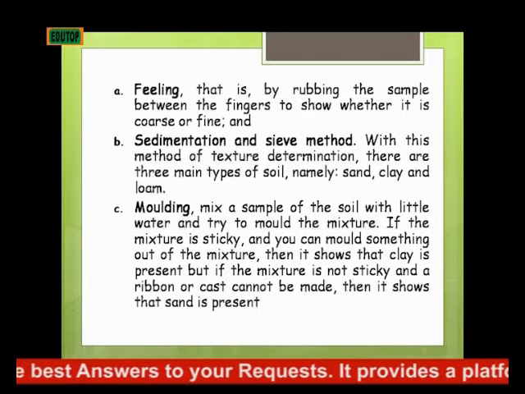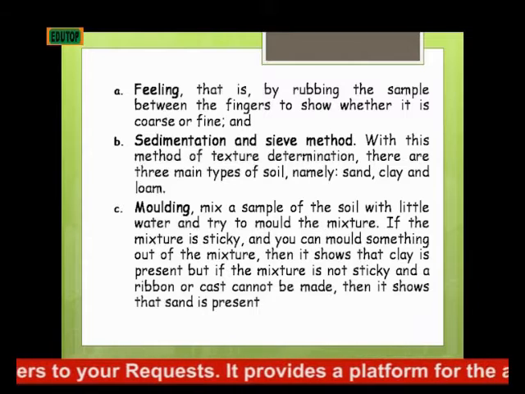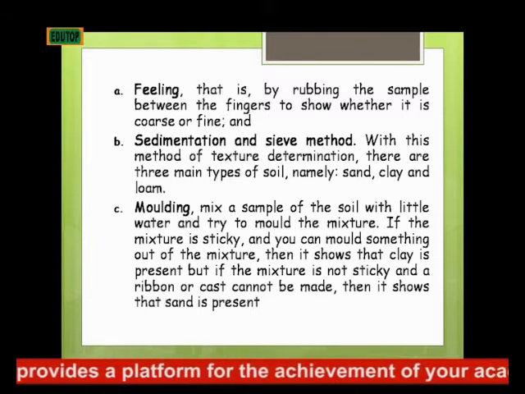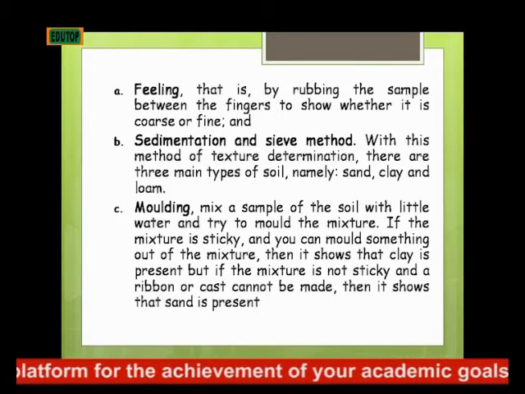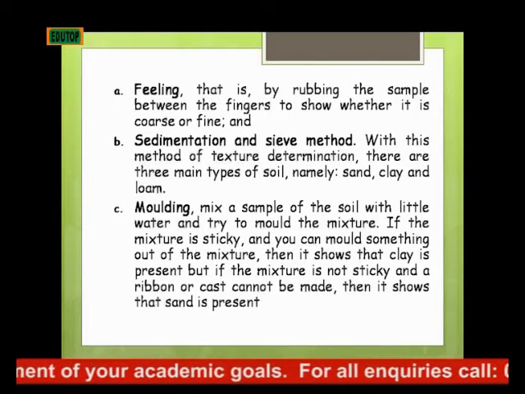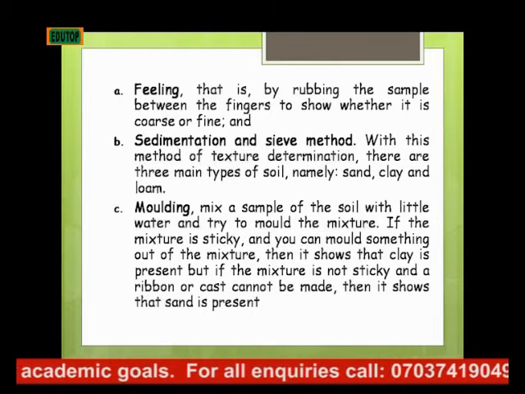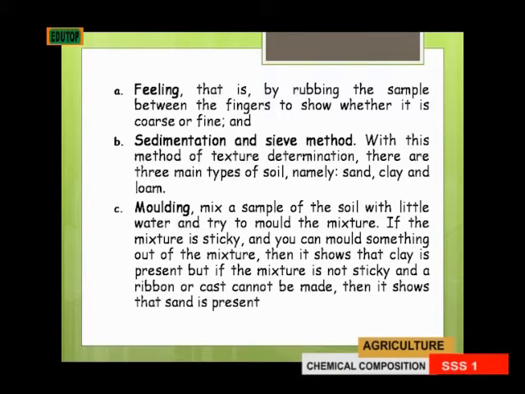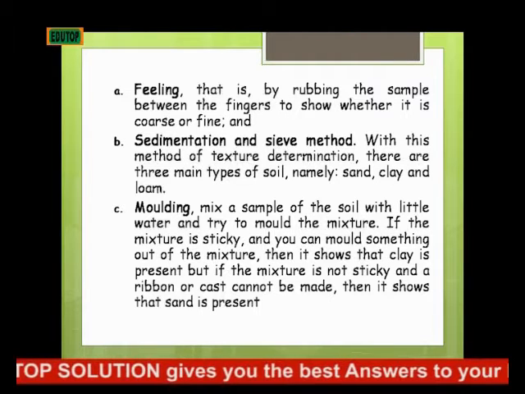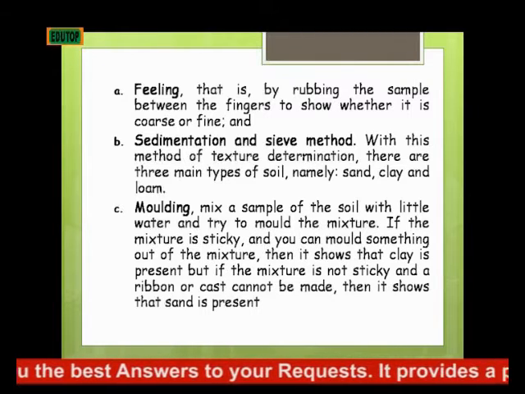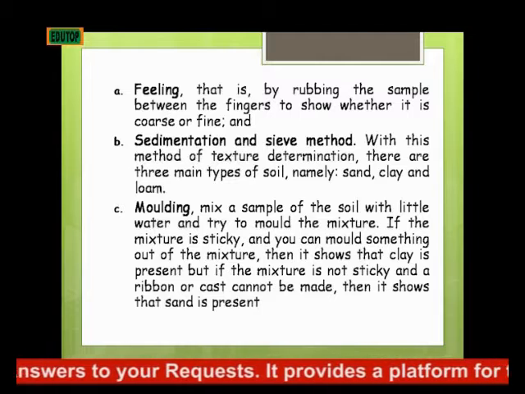The smallest mesh is at the top, while the biggest one is at the bottom. With this method of texture determination, there are three main types of soil, namely sand, clay, and loam. The finest particle will be at the top, which is clay, while our loam will be in the middle, and then our sand will be at the bottom, which has the highest size of particle.